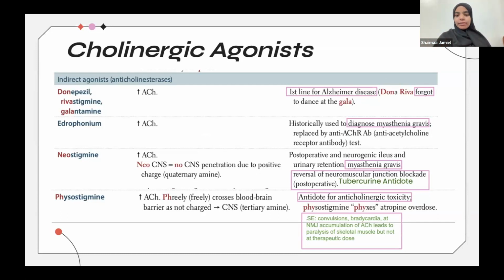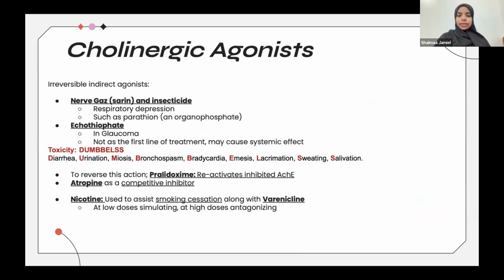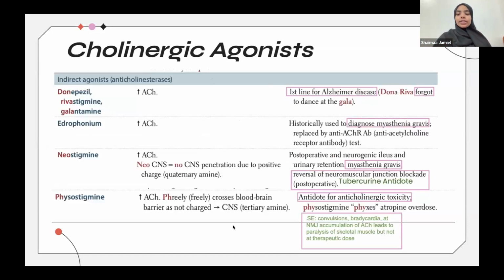Then we have edrophonium. Edrophonium, much as methacholine, has a very short half-life, and therefore it's used to diagnose myasthenia gravis. Methacholine for asthma, edrophonium for myasthenia gravis, okay? Then we have neostigmine. Neo is basically used to treat myasthenia gravis, edrophonium for diagnosis, neo for treatment of myasthenia.